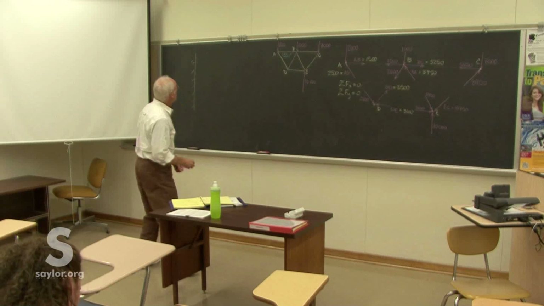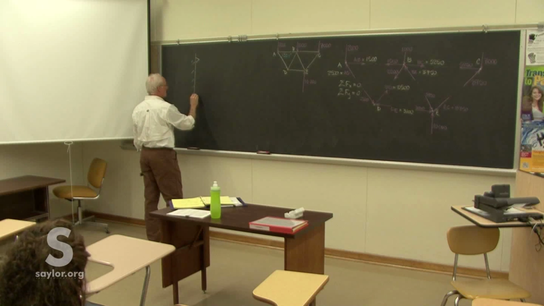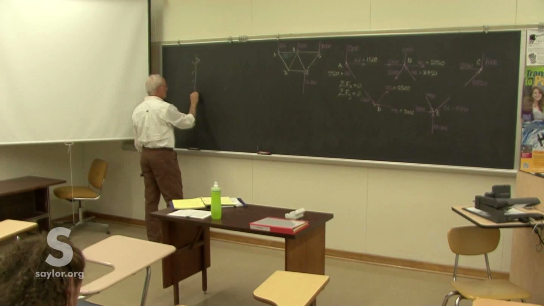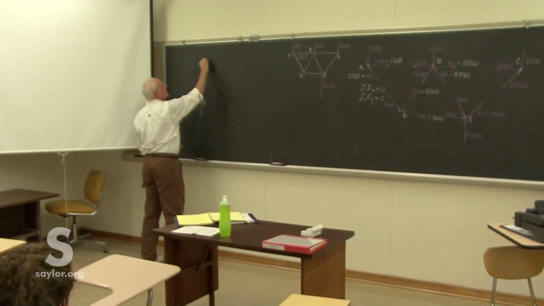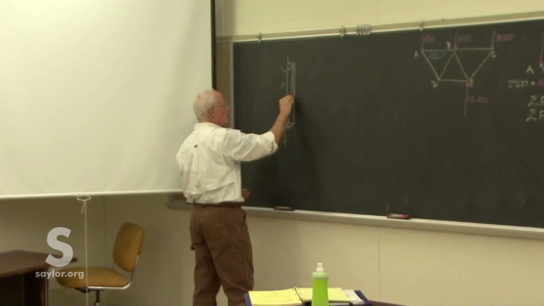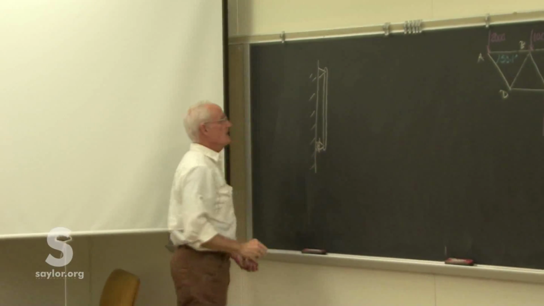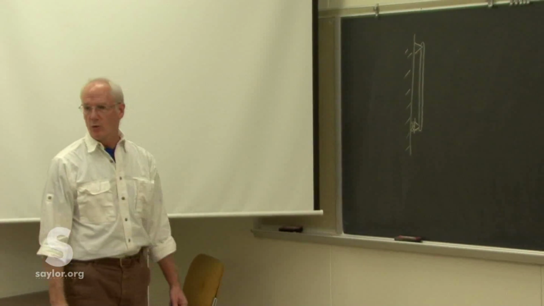So here's maybe a sign or something. There's one member connected to the wall in our usual way, one rigid pinned joint and one roller joint.